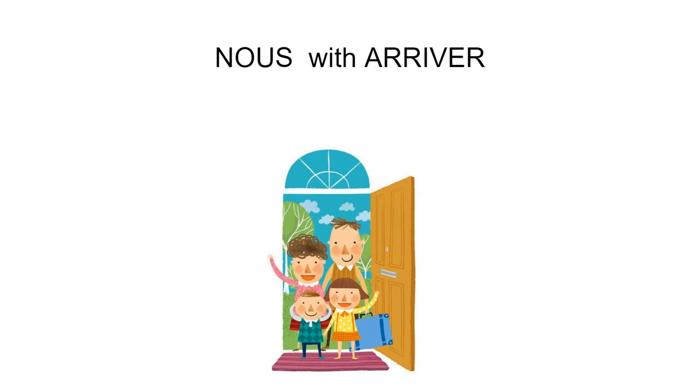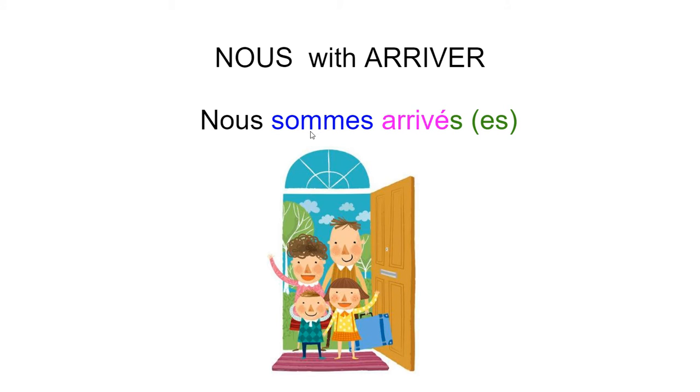All right, I want you to conjugate nous with arriver. So go ahead and pause the video. And the answer is nous sommes arrivés. Subject, present of être conjugated with that subject. Form my past participle by dropping the ER, replacing it with E accent aigu. Okay, so now we have to make sure that our past participle agrees in gender and number with the subject.